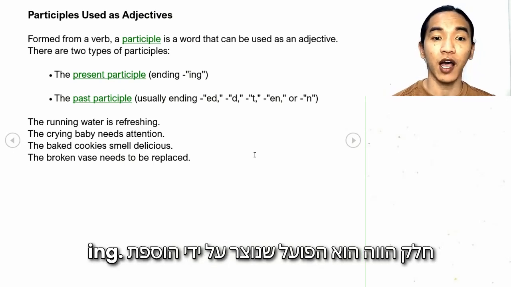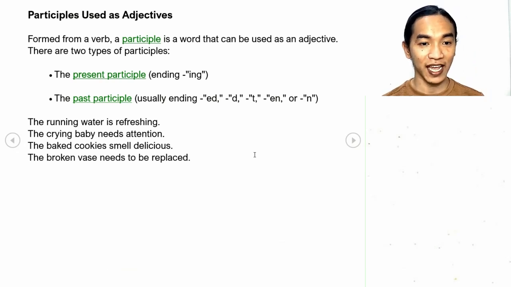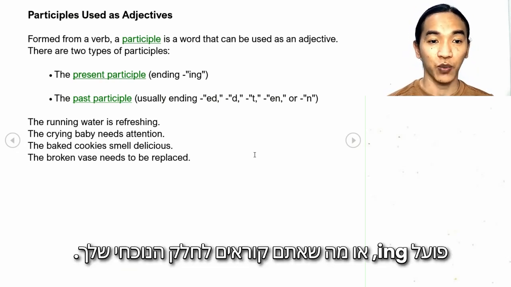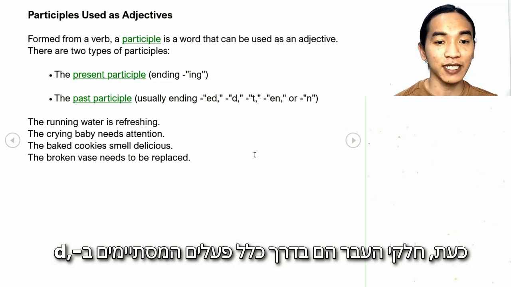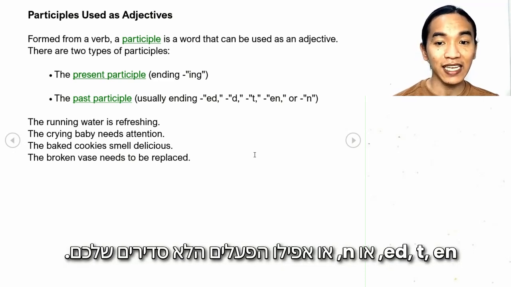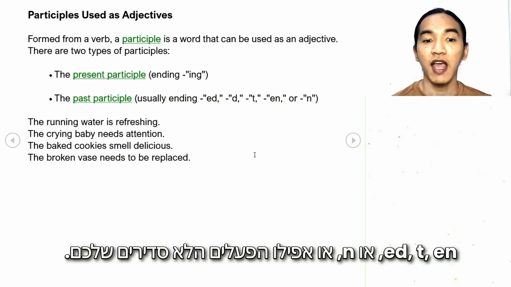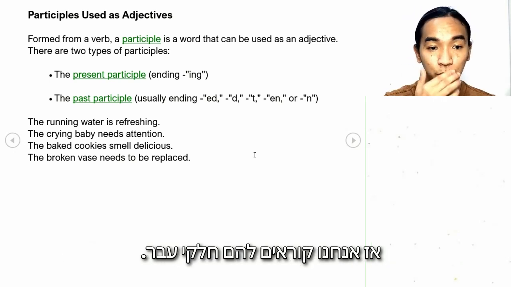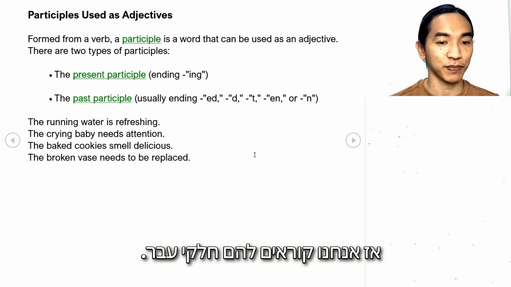Present participle are the verb formed by adding ing. Okay? Verb ing are what you call your present participle. Now, the past participle are usually verbs that end d, ed, or n, or even your irregular verbs. Okay? So we call them their past participle.